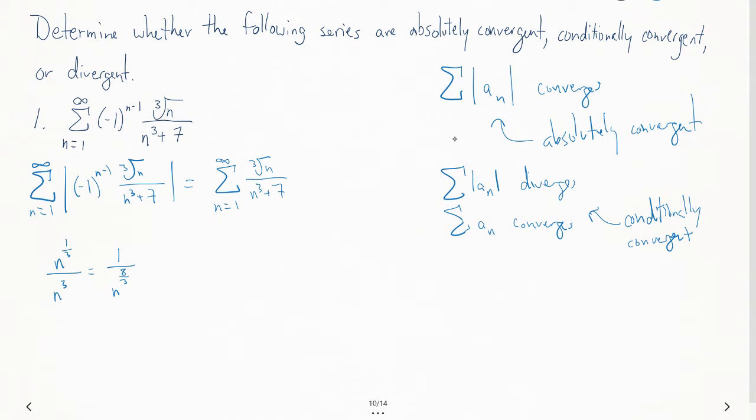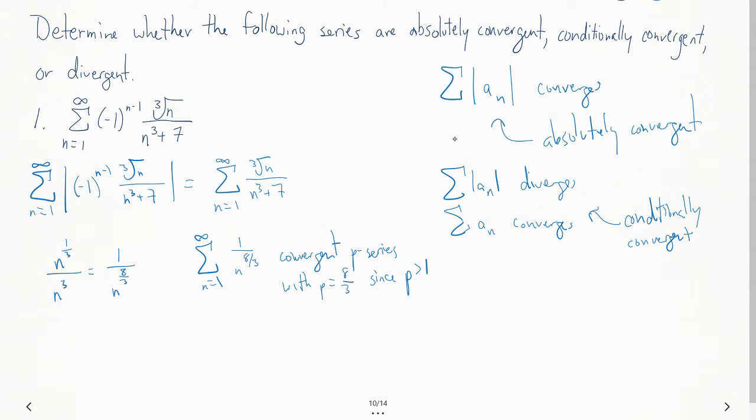So we know that the summation n equals 1 to infinity of 1 over n to the 8/3 is a convergent p-series with p equals 8/3. And the reason why is 8/3 is greater than 1. So, in case you're wondering, since p is greater than 1. Okay, so now we have that.